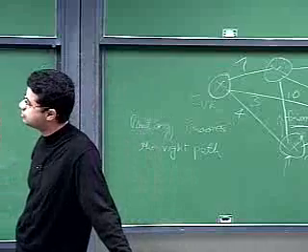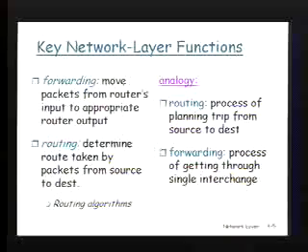So forwarding is moving packets from a router's input to the appropriate router output. In this case, our router was the laptop. It could be any general node on the network. The node has a variety of input links. So in the case of the laptop, the input link was only one link, that was the transport layer of the laptop handing over packets to the network layer.